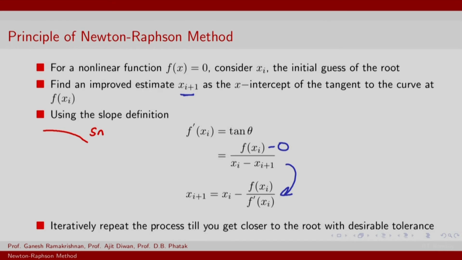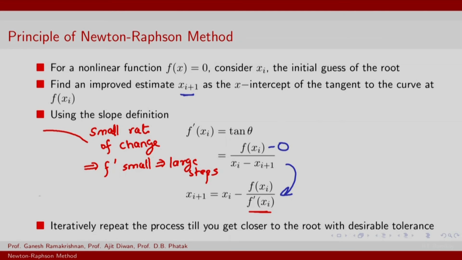So small rate of change will mean small values of f', and if f' is small, because f' sits in the denominator, this will mean that the reciprocal will be large and therefore lead to large steps.